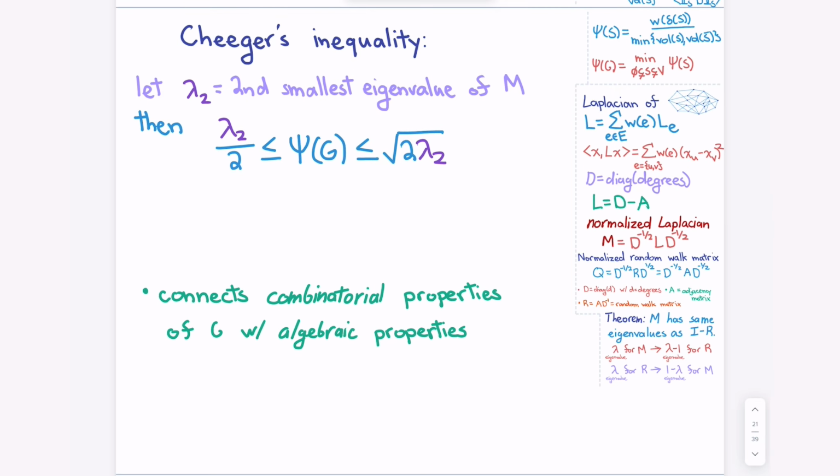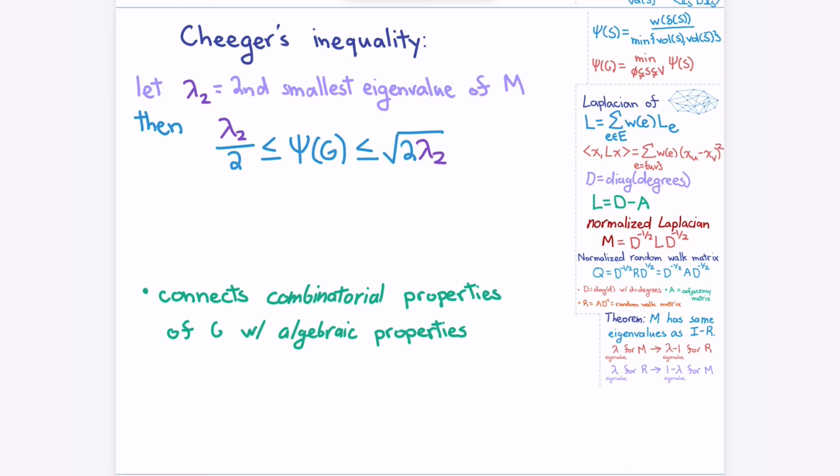Okay, so the reason I'm really interested in the normalized Laplacian, where I applied D to the minus 1/2, is because of this claim. So the smallest eigenvalue is always 0, because for the random walk, the biggest eigenvalue is 1, and 1 minus 1 gets you 0. So that gets you the smallest eigenvalue. So the claim is that if you look at the second smallest eigenvalue, and you look at the conductance of a graph.